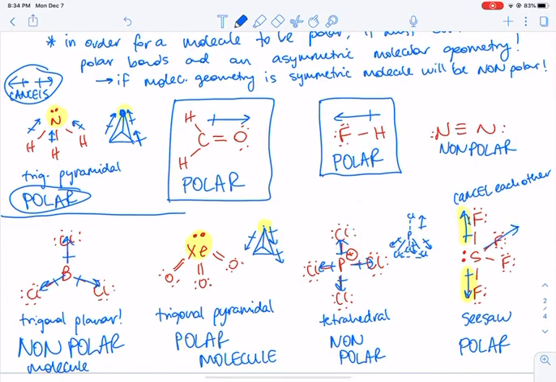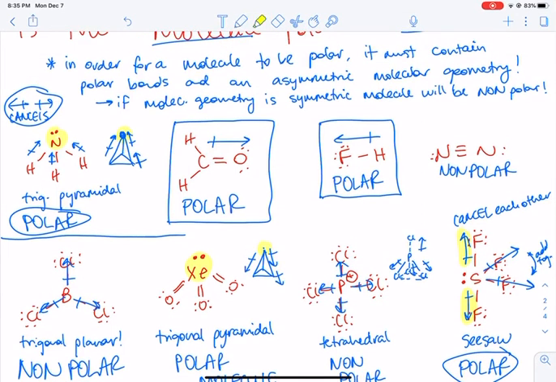But then you have two dipole moments that are pointing in basically the same direction. So these two, they add together, right, to give ultimately a polar molecule. So again, in order for a molecule to be polar, it must contain polar bonds and be of an asymmetric molecular geometry with respect to the central atom.